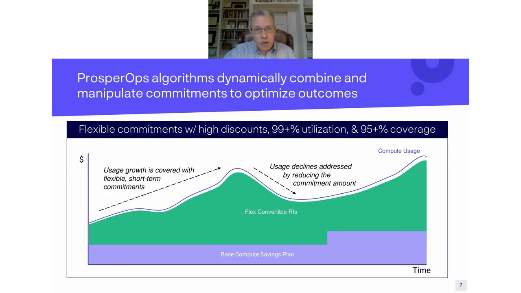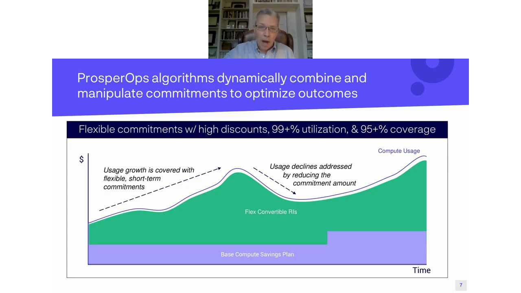And because you can control the convertible RI in terms of its dollar per hour commitment and in terms of its actual term, you can make this mirroring happen in a very term optimized way, because it wouldn't be particularly interesting if you use these convertible RIs and they required you to go make brand new 12 and brand new 36-month terms. But in the ProsperOps model, because we're dynamically controlling the convertible RI layer, we're able to really reduce the term of these commitments to literally 30 days at a time, almost a month-to-month experience.